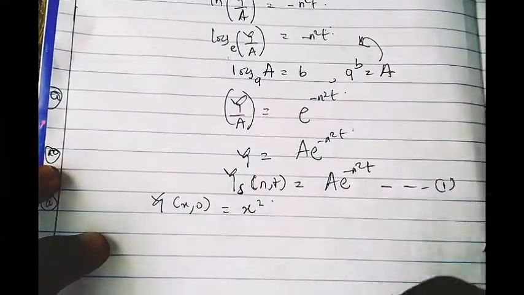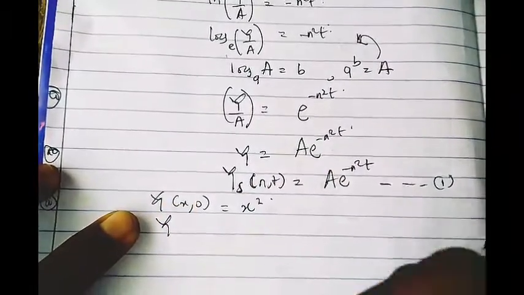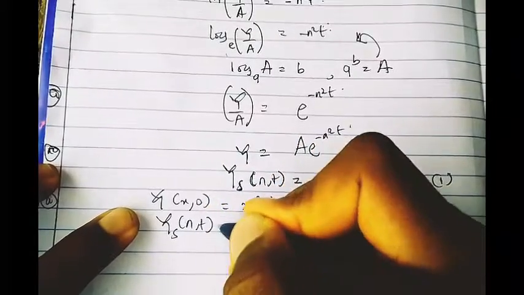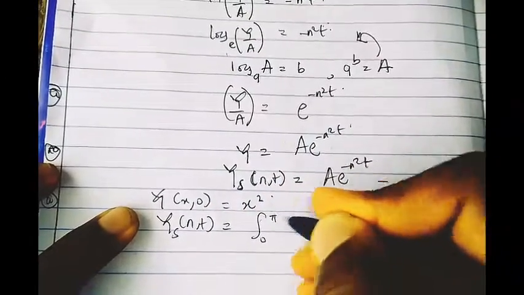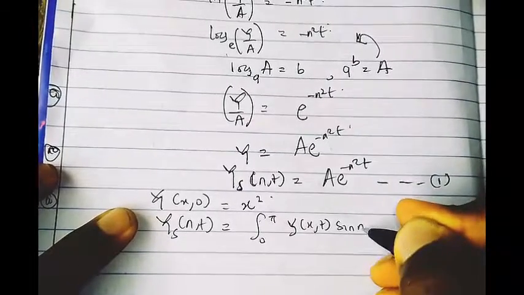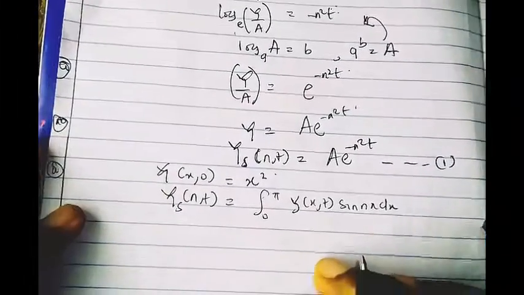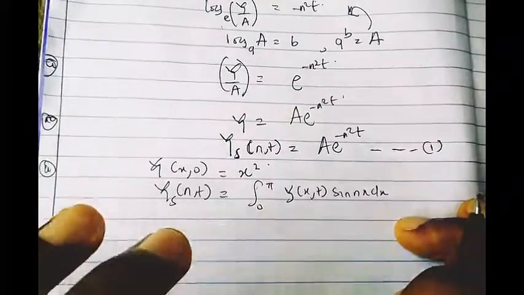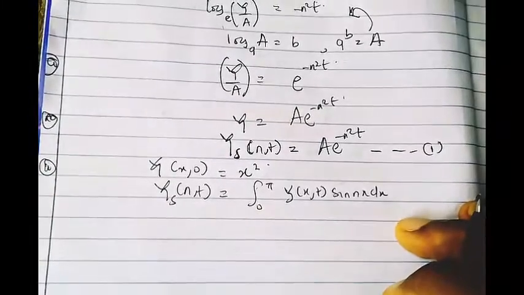But first, you remember that my sine transform of n and t is equal to the integral from 0 to pi of y, which is a function of x and t, times sine nx dx. Remember this formula, this is our finite sine transform.